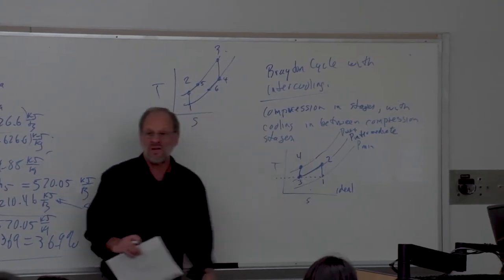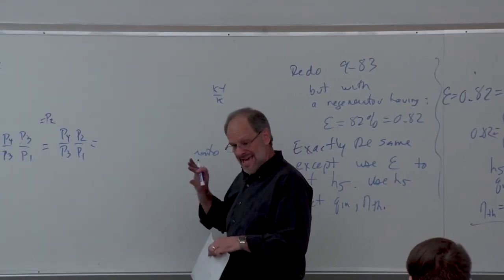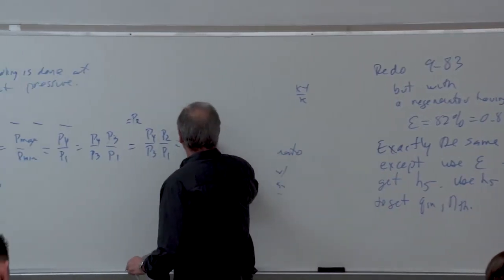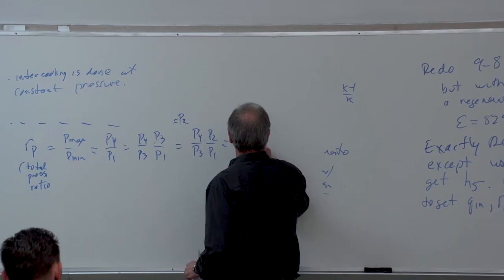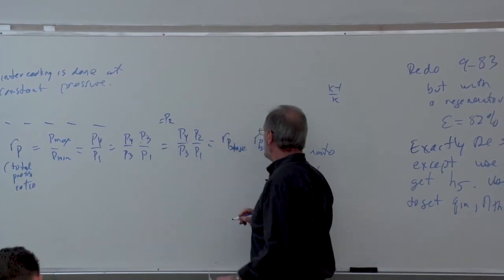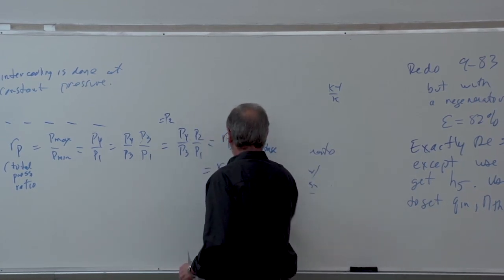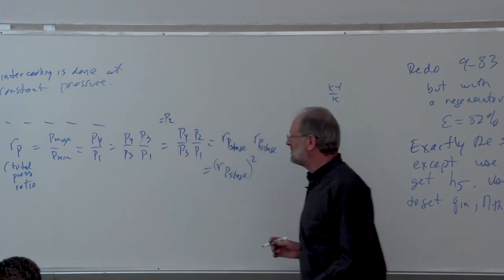And isn't P2 over P1 also the pressure ratio across each stage? Remember, those are done at the same pressure ratios. So this is equal to the product of the pressure ratio across two different stages. In other words, the pressure ratio across each stage squared.